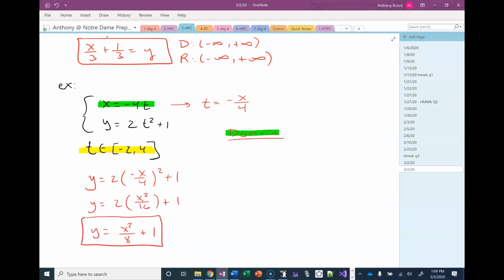So if I look at the far ends of my domain, those are going to give me the highest point and lowest point on my function, right? So to figure out the range of x, all I'm going to do is take those two endpoints from my interval and plug them into my equation.